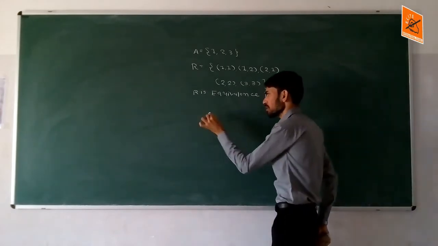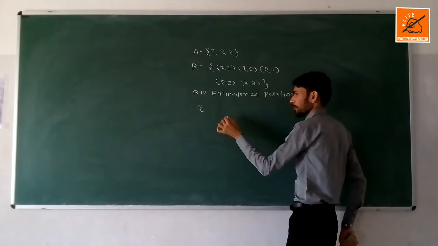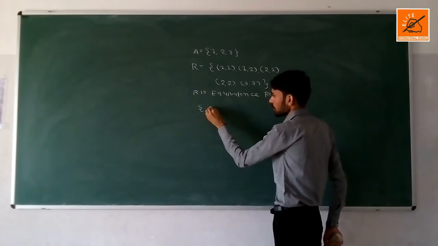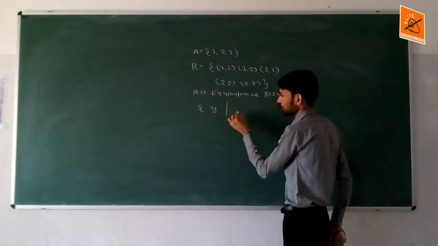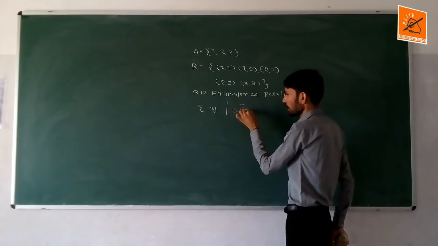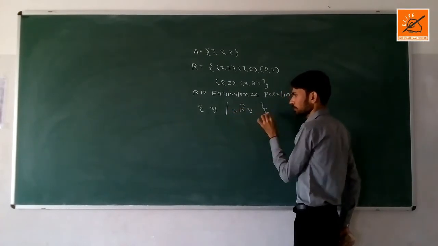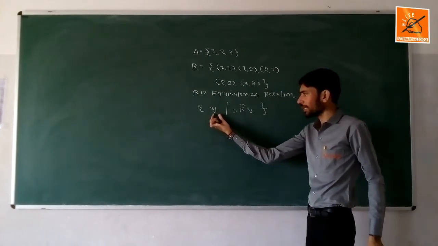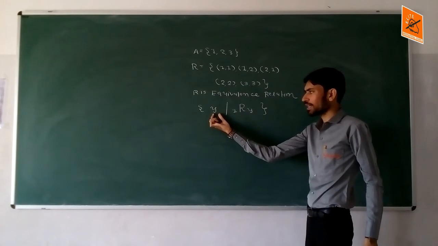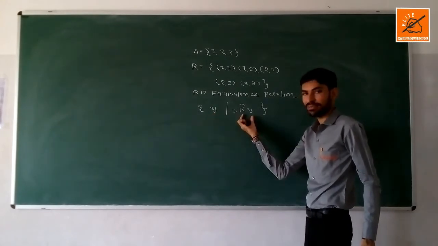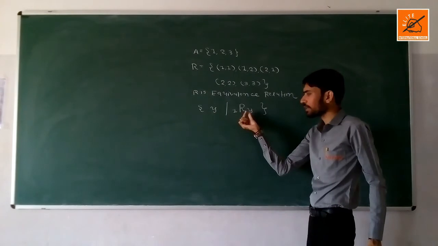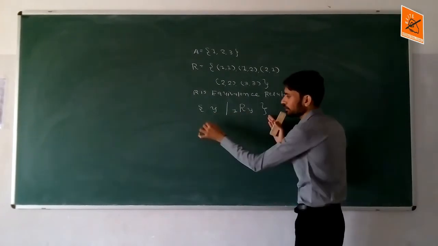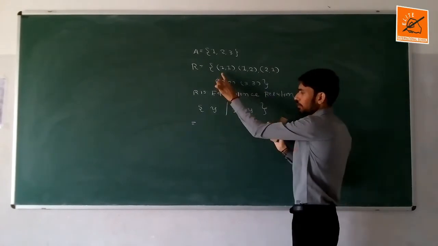Now we define one set as the set of y such that 1 is related to y. So here we define one set. The set contains the element y, but only those elements come in this set who satisfy this condition, meaning y is related with 1. Which elements are related with 1?